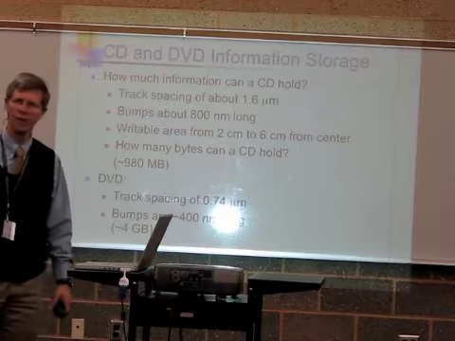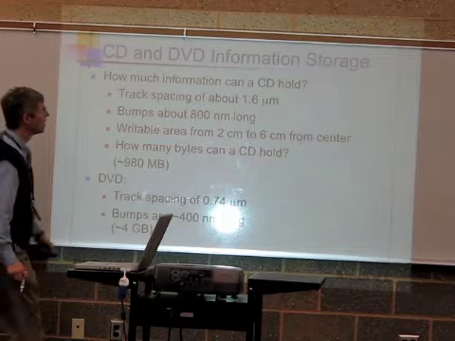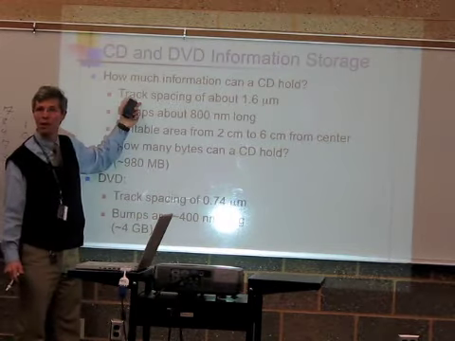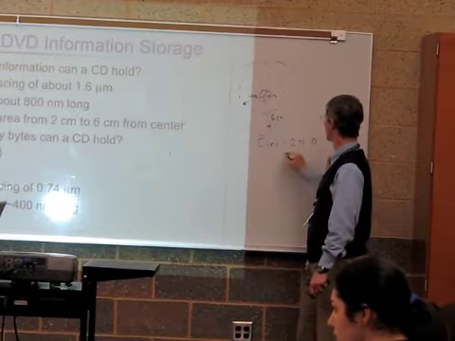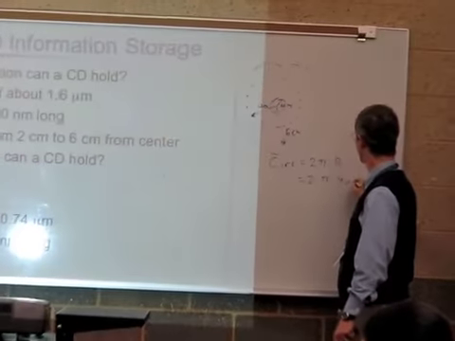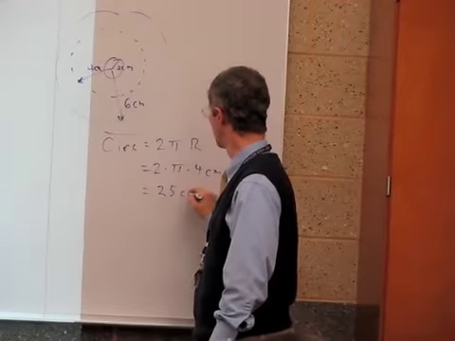And how much information can a CD hold? Well, the track spacing is about 1.6 micrometers. The circumference is 2 pi r, so that would be 2 times pi times 4 centimeters, somewhere around 25 centimeters.